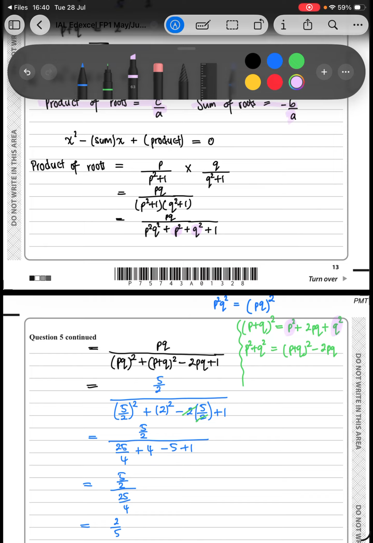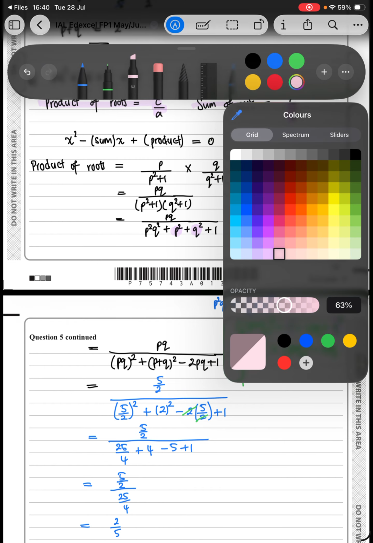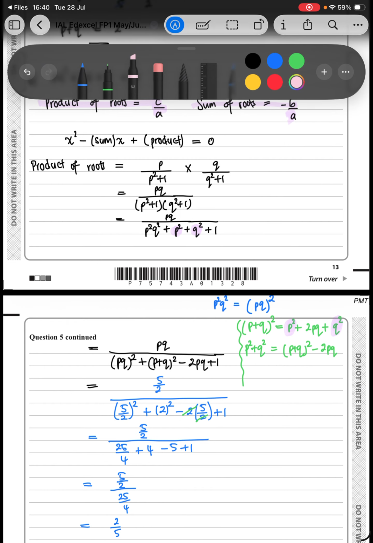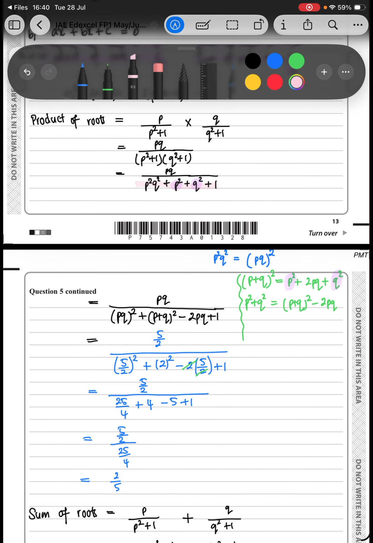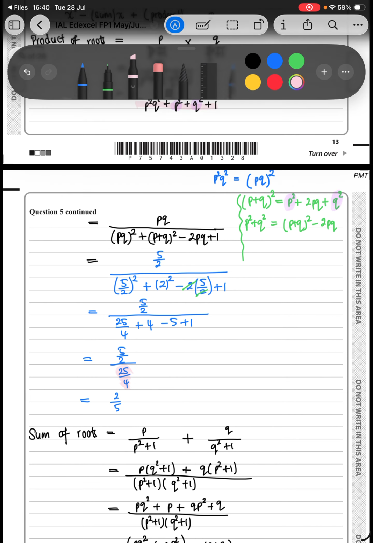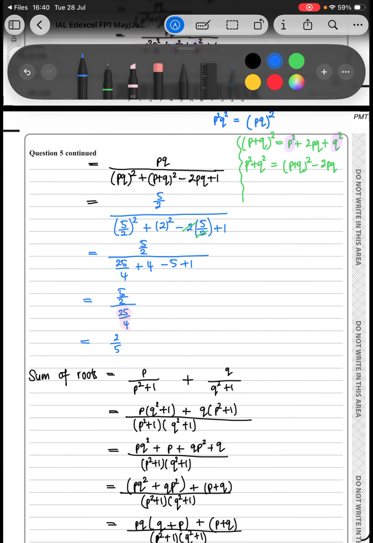This one, I'll change the color. In this denominator we directly found it as 25 over 4. There was nothing else added or subtracted in the denominator, so we can show the value is 25 over 4.